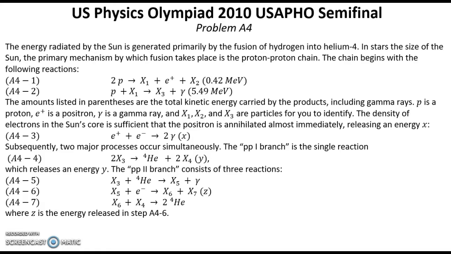Next reaction, element X5 plus electron go into element X6 plus element X7. And last reaction is element X6 plus element X4 go into 2 helium-4 particles, where Z is the energy released in step 6. So, questions.